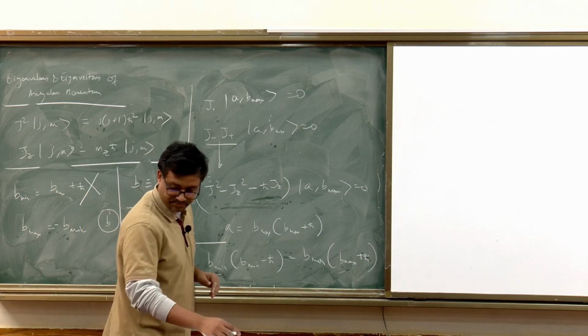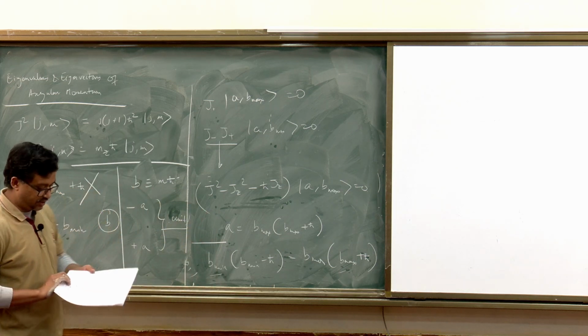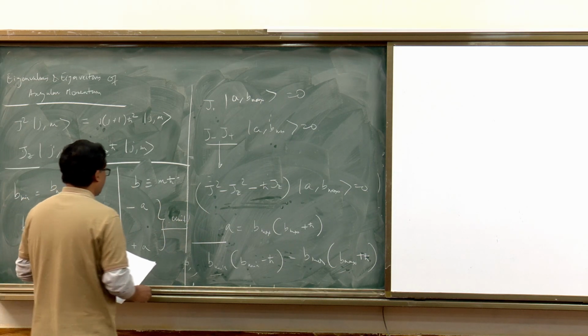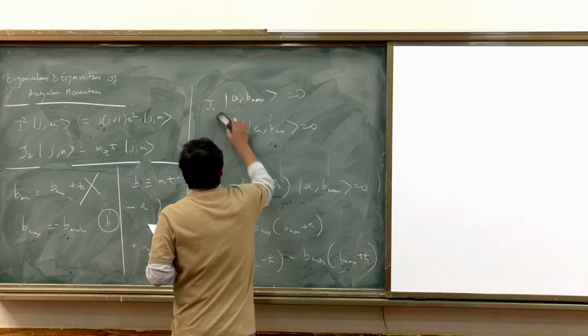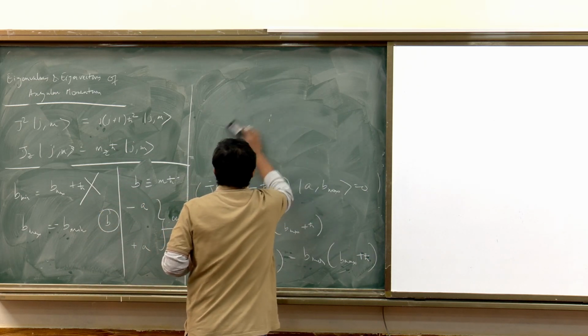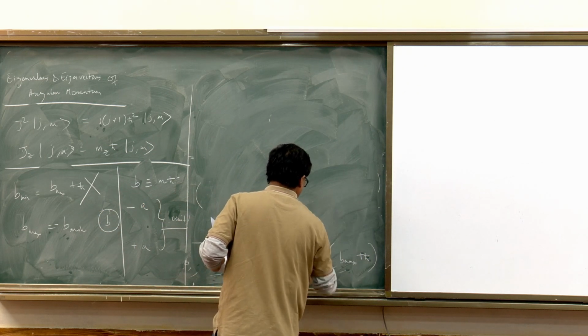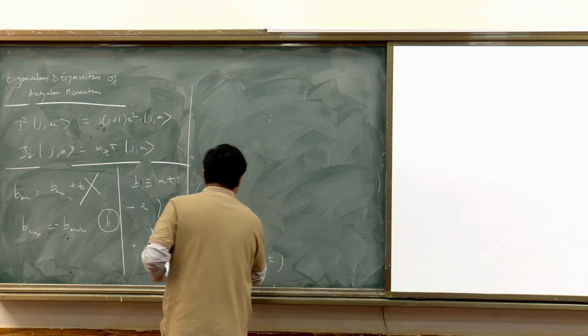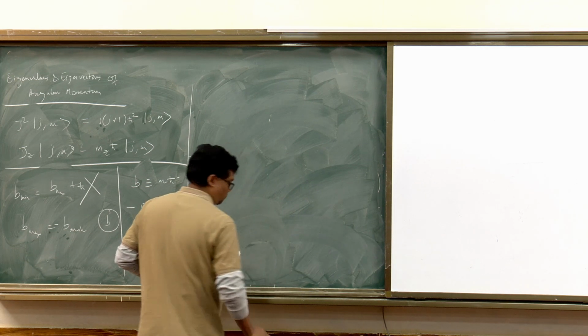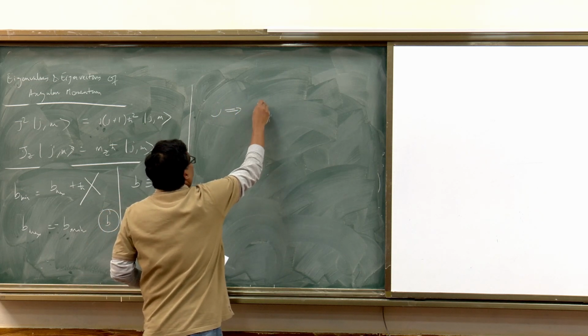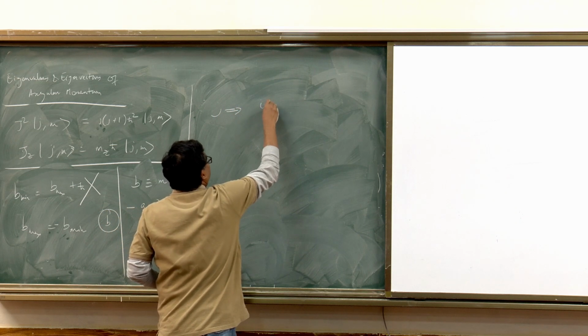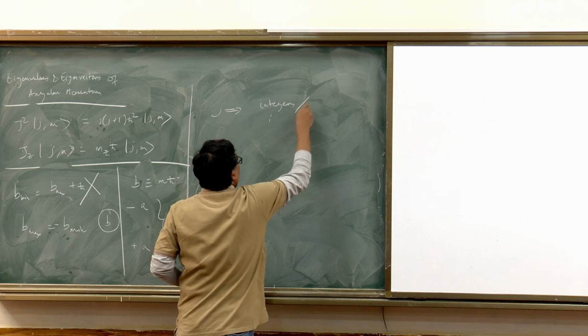Okay. You have possibly learned several times that these j values can be either integers or half integers.